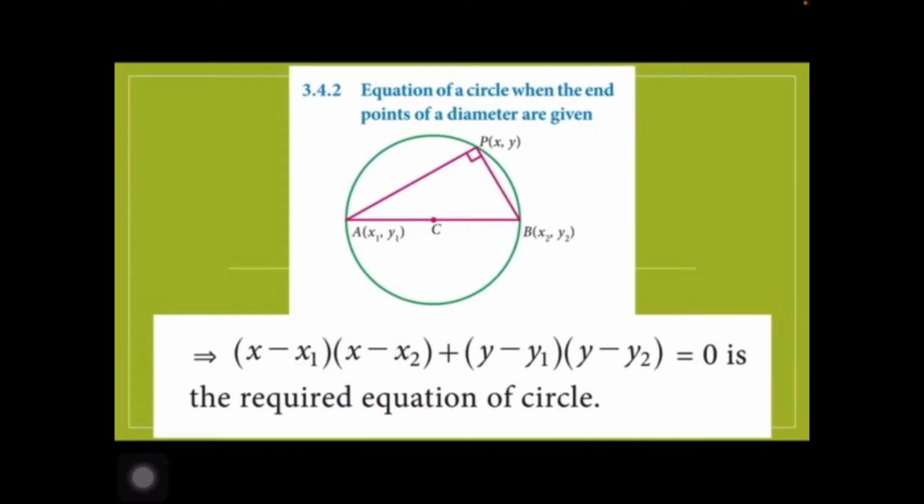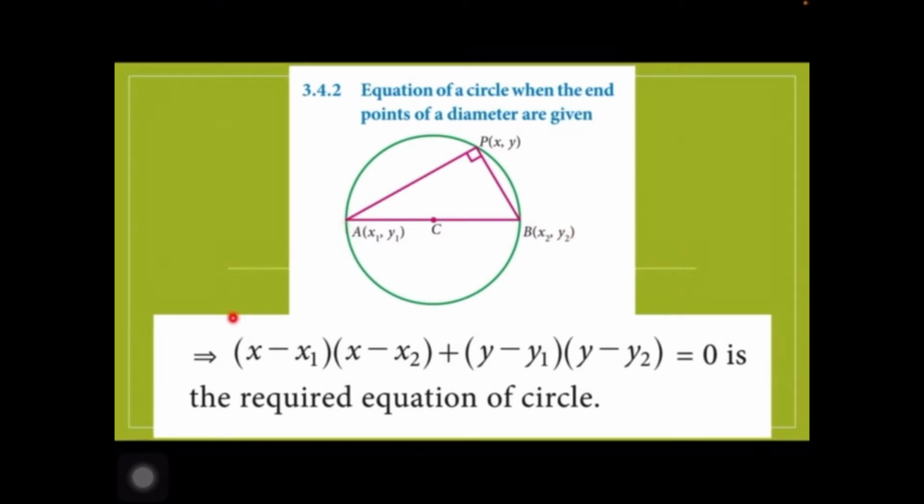Now, the equation of the circle when the endpoints of a diameter are given. What is a diameter? A diameter is the longest chord of a circle that goes through the center. So here A of x1, y1 and B of x2, y2 are the endpoints of a diameter.